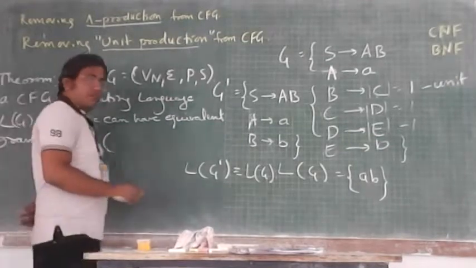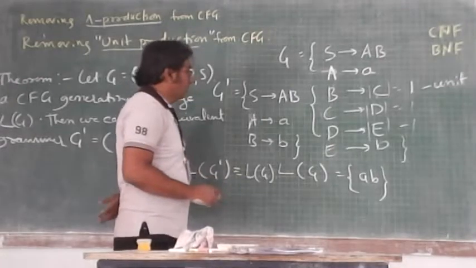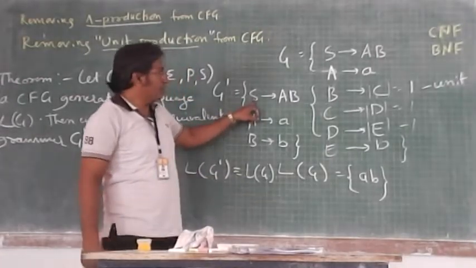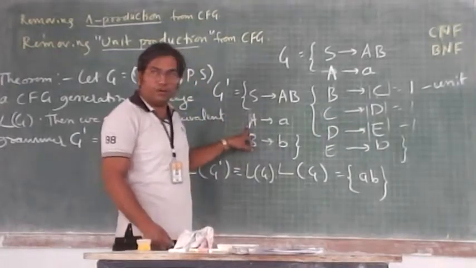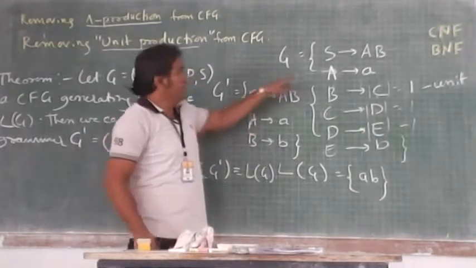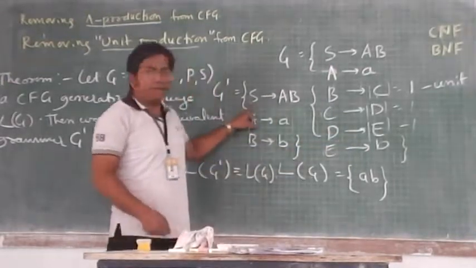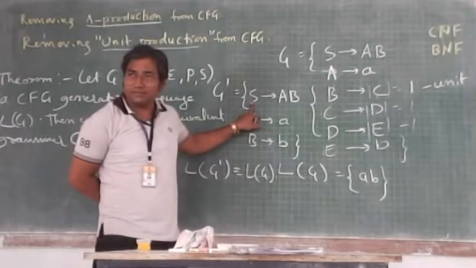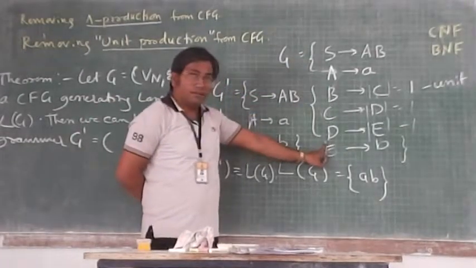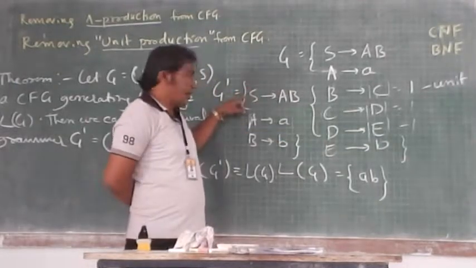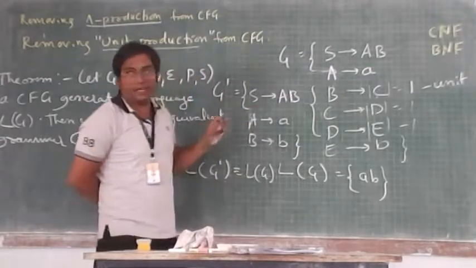What can we observe here? The number of variables given in G is less than the number of variables appearing in G dash, and the number of productions in G is more than the number of productions in G dash.